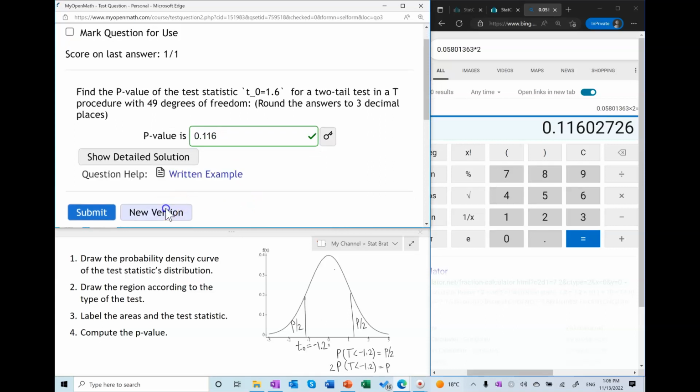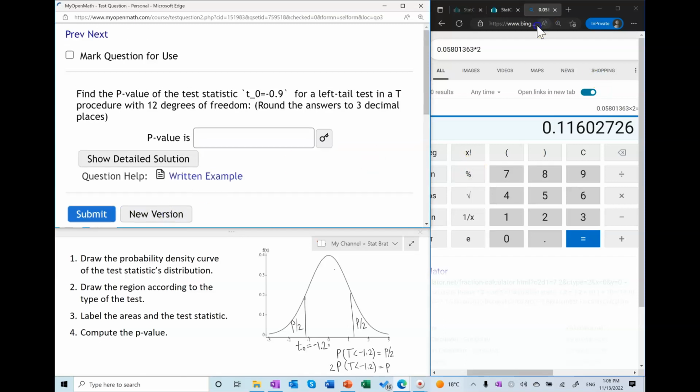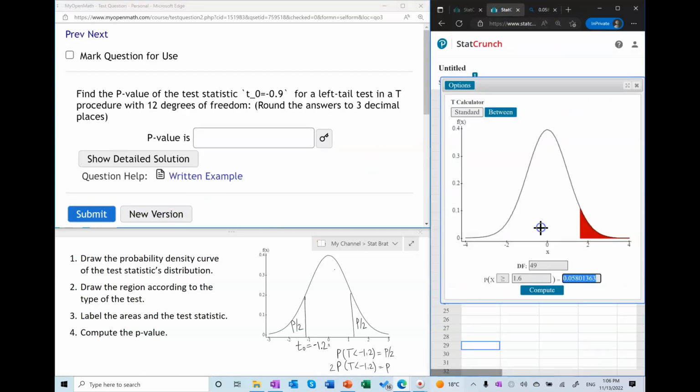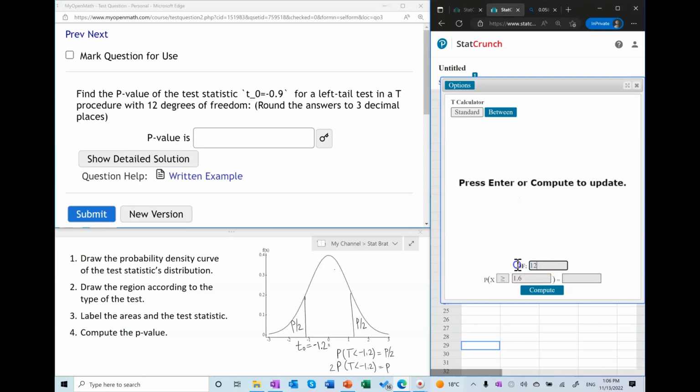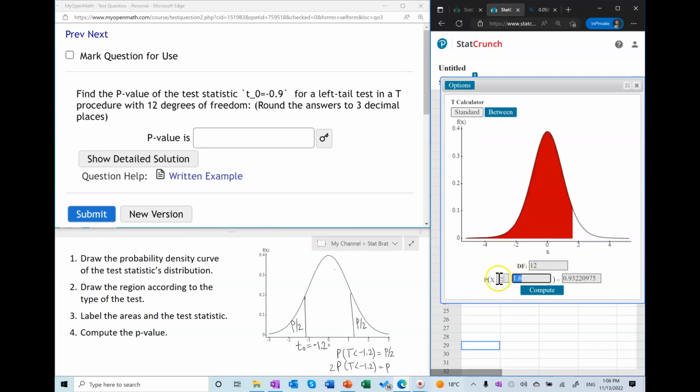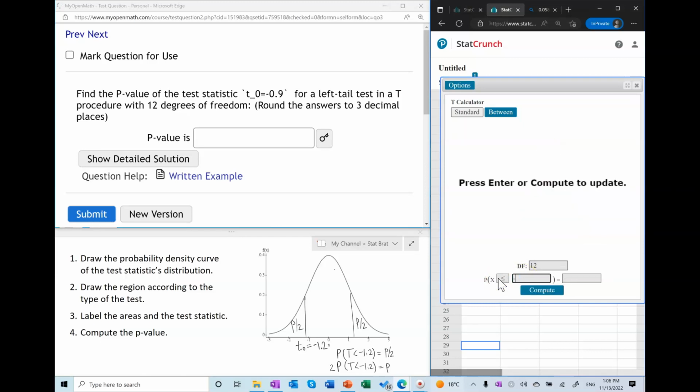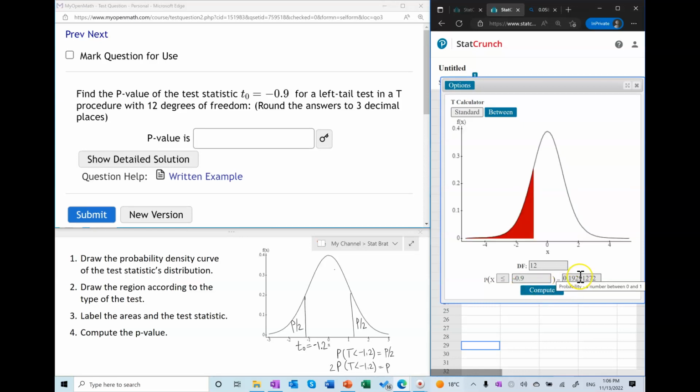All right, and let's do one of the left tail and one of the right tail. To find the p-value in the left tail procedure, you simply have to find the area to the left of the test statistic. So in this case, it's -0.9, and that's it.